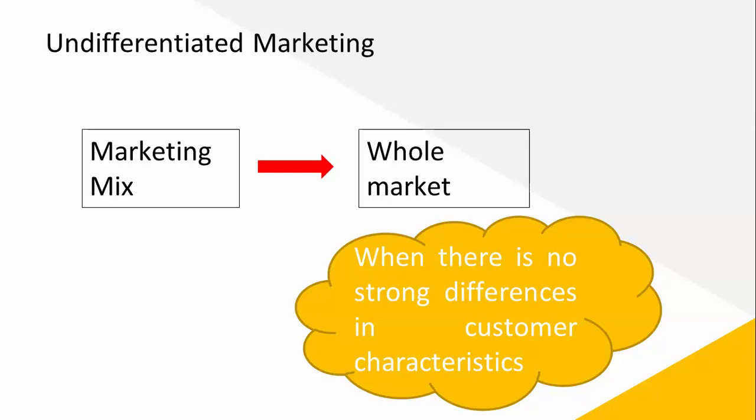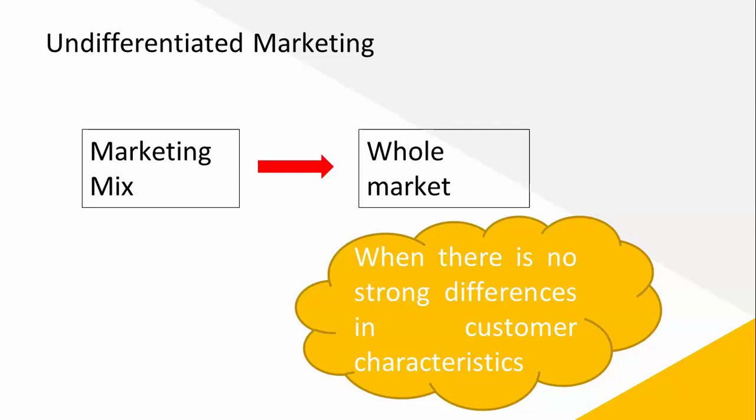Tell me a product for which we can use this undifferentiated marketing. That means for that product, there is no strong difference among the target customers, right? So everybody is using it, even the adult, even the younger, even the kid. So there's no difference in the customers for that particular good. Then we do not have to specifically design the marketing mix for each and every customer segment, right?